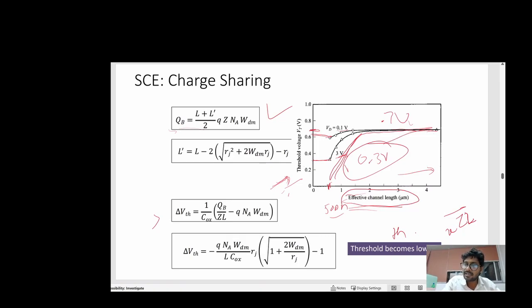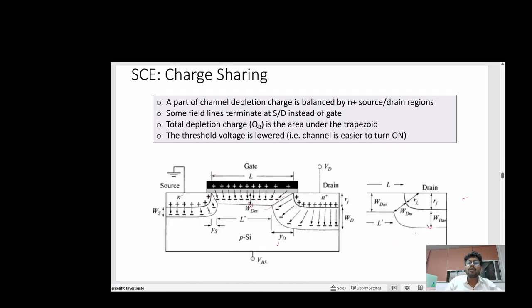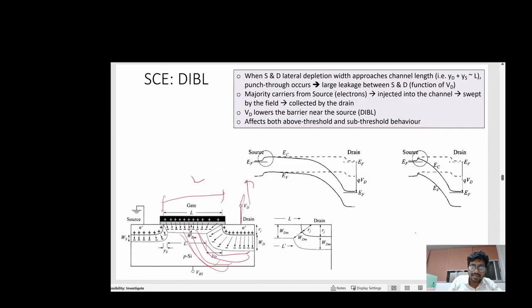Let us say you are applying 10 volts, so your threshold voltage will be 0, and you are not applying any gate voltage. You have applied VD too much, you are increasing VD in this direction.